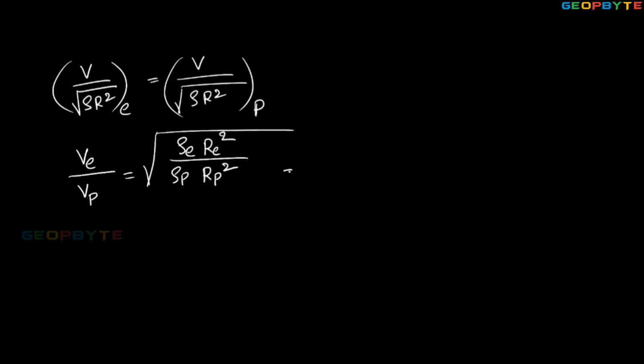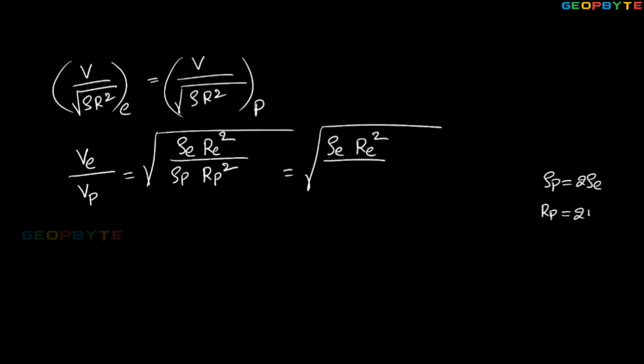Listen carefully. It is equal to root over density of the earth into radius of the earth whole square divided by, given that density at the planet equal to 2 times the density at the earth, and radius of the planet equal to 2 times the radius of the earth.